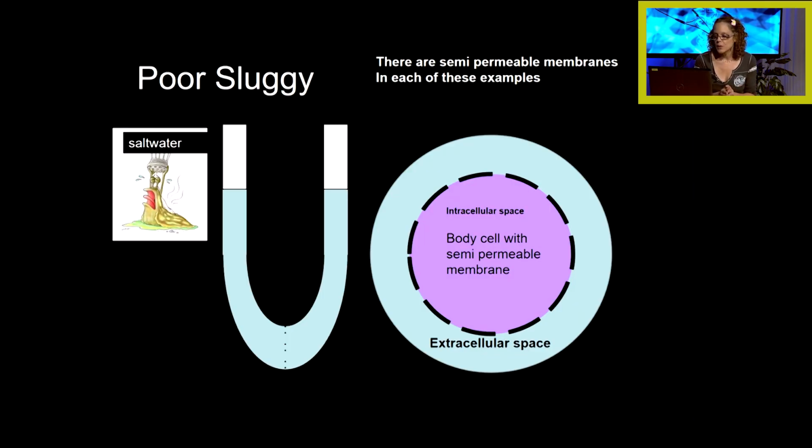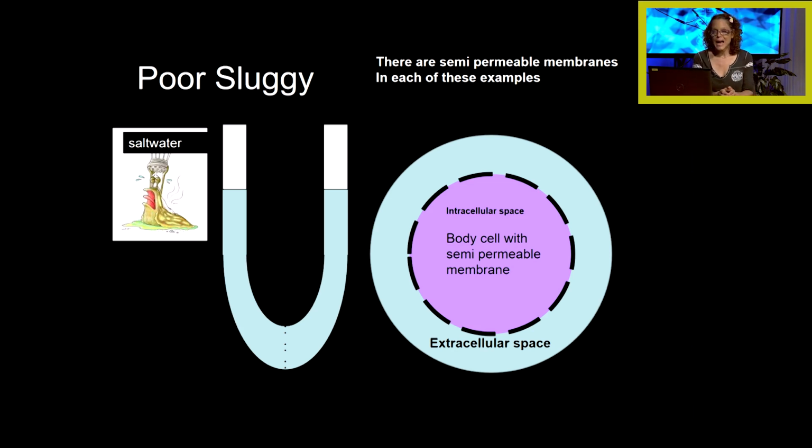There are semi-permeable membranes in each of these examples. We can see it when we had Sluggy with the salt on him. We could see it in our example with our U-shaped tube. And now we have a body cell here. And so when we look at the body cell, we can see here that we have the extracellular space, all right?